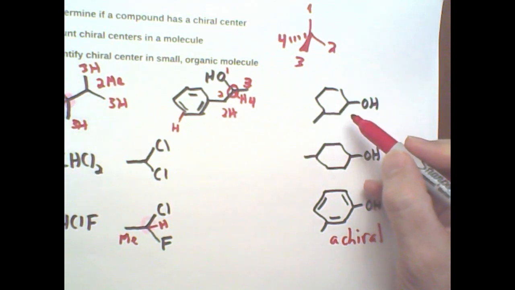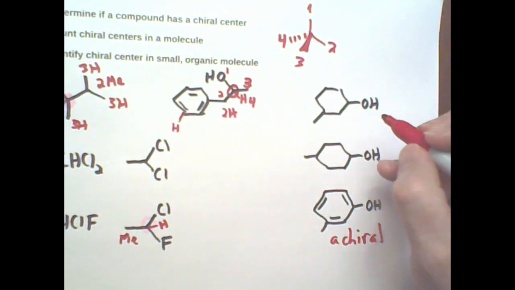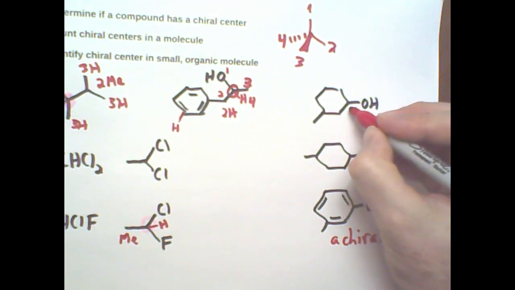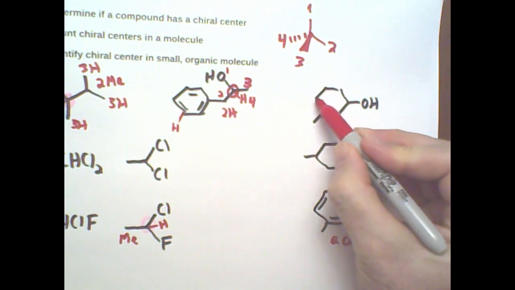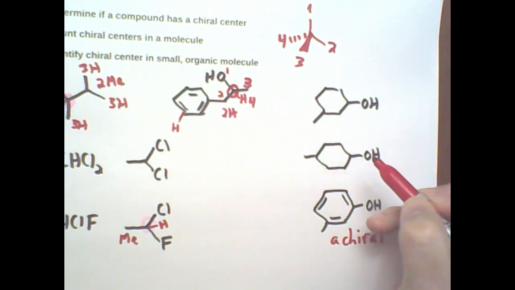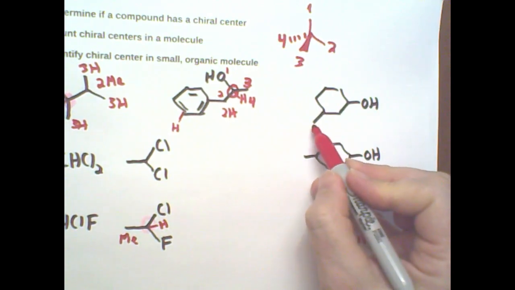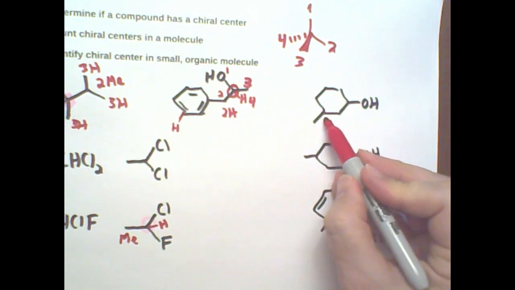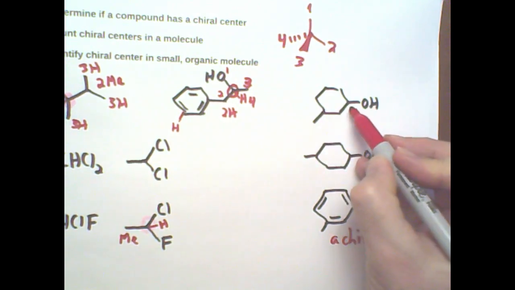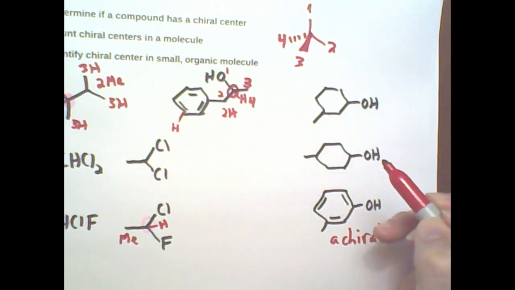Let's move up to this top one. We can rule out all of these methylene groups, these CH2 groups. None of them are chiral. This methyl group out here is not chiral, so we've only got 2 carbons left. This one here that the methyl group attaches to, and this one that the hydroxyl group attaches to.